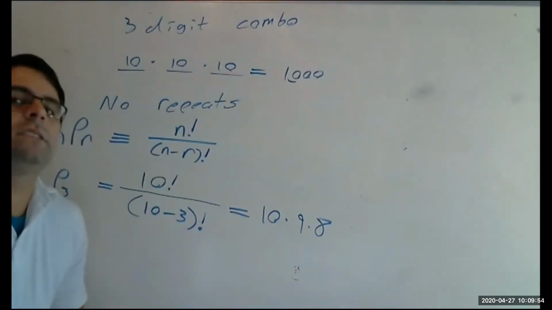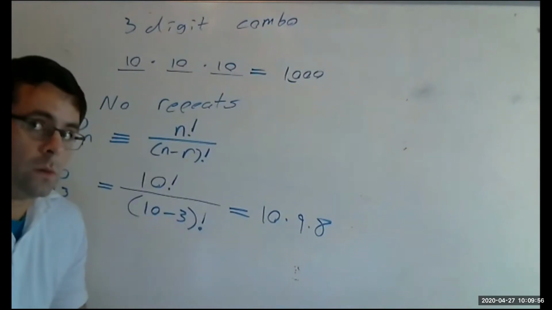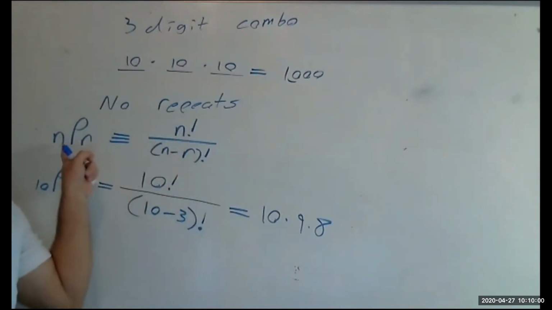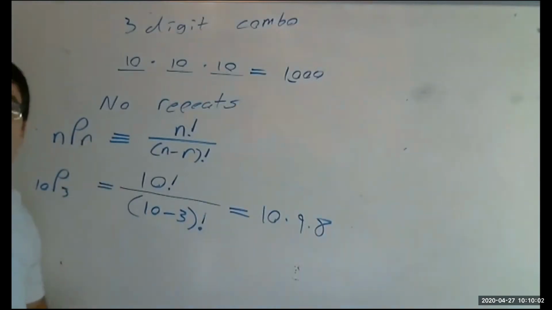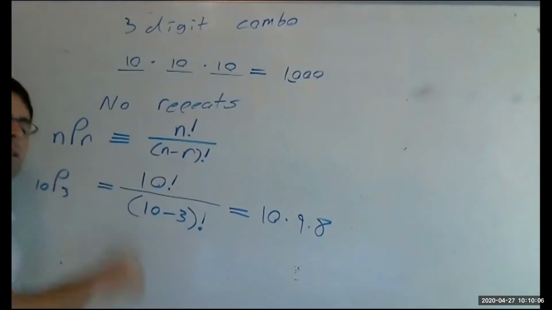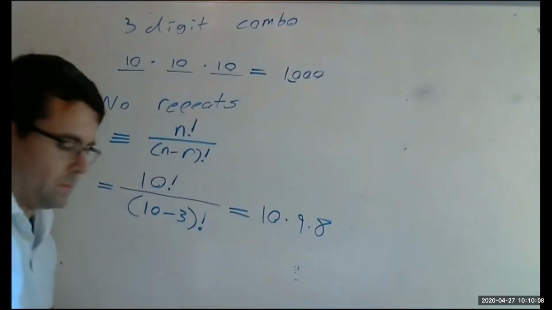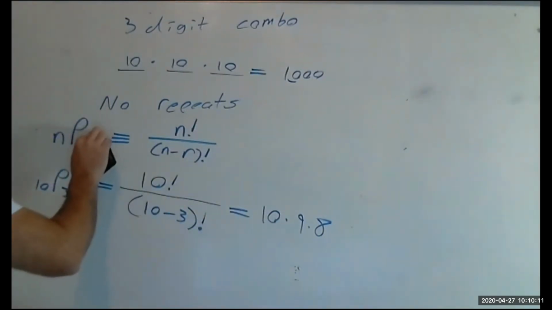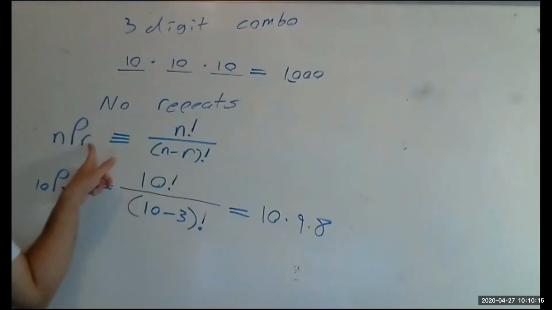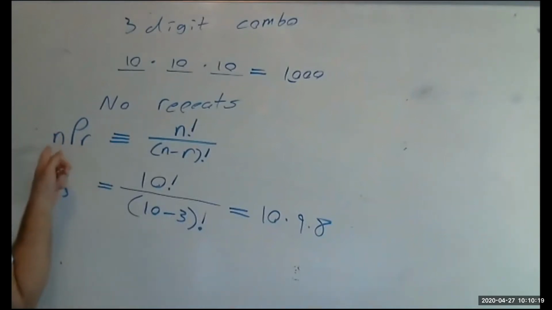But worst case scenario, you know that nPr just means the first this many of this factorial. So you start at this number and you count down by ones this many times.